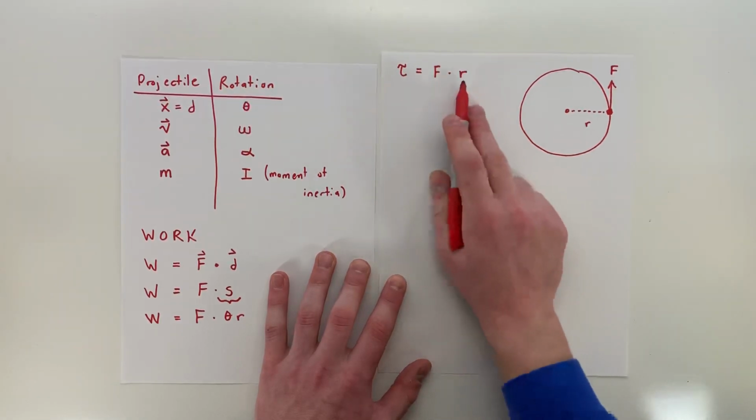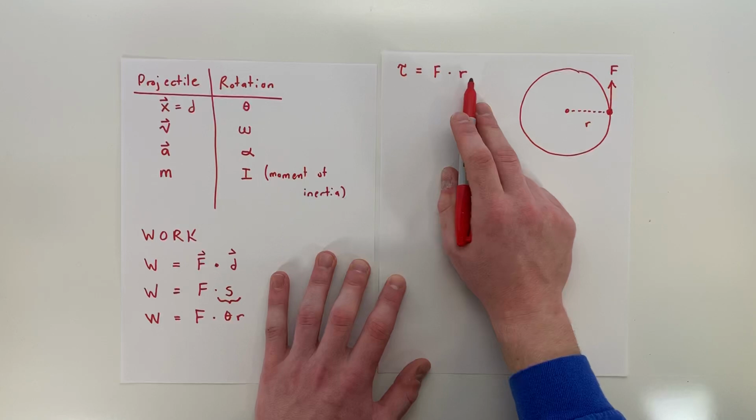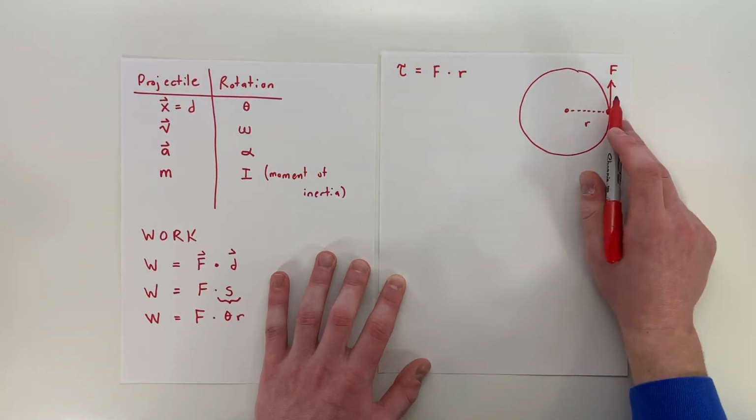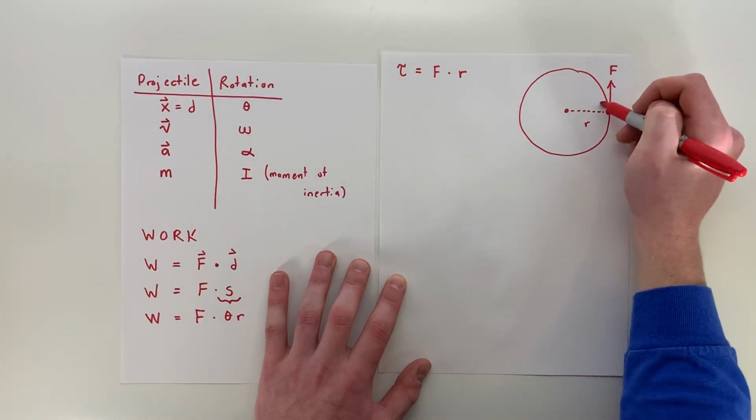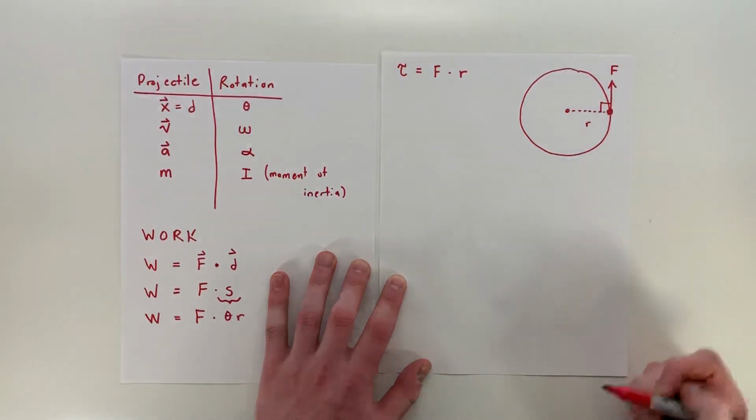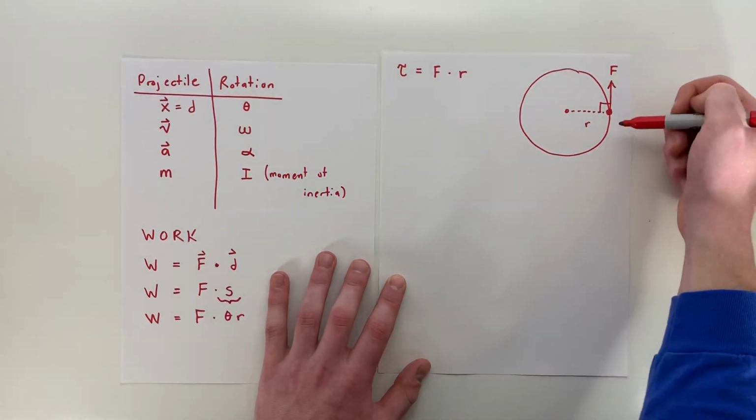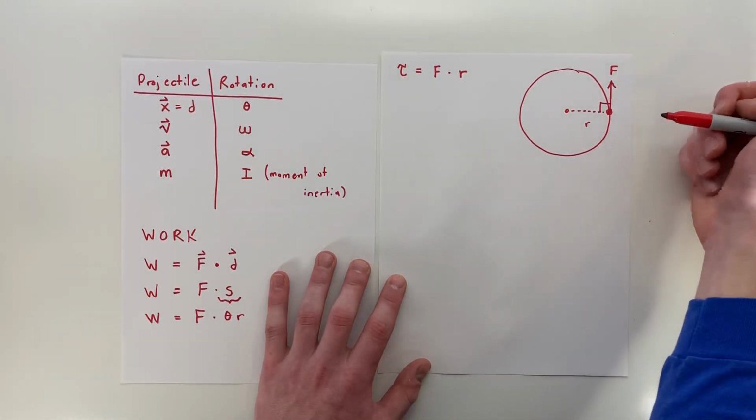The dot product drops out if the force applied is at a right angle to the radius, which you're going to find in many problems.